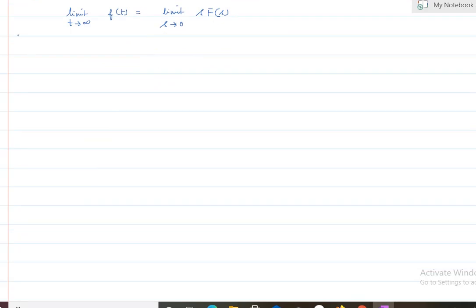So let me start with the same result, that is the derivative of Laplace transform results. So that is L of f dash of t is equal to s into L of f of t minus f of 0. This is the result, which is written as s into capital F of s minus f of 0 by the statement.